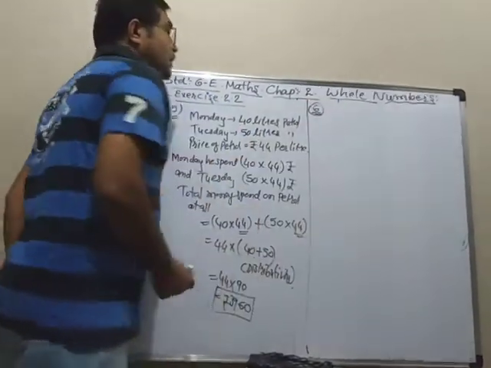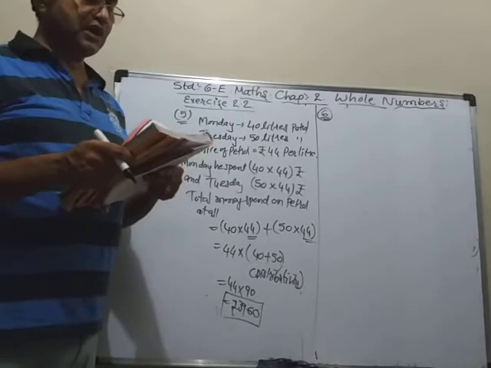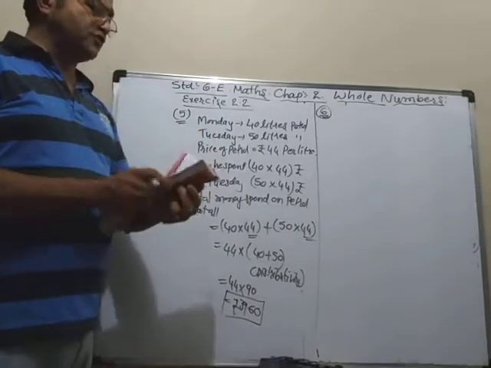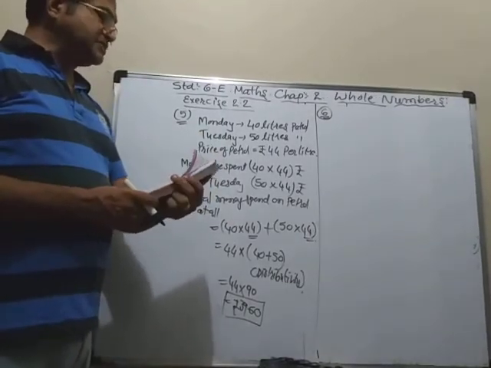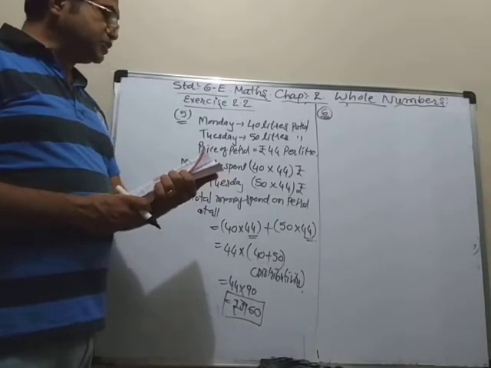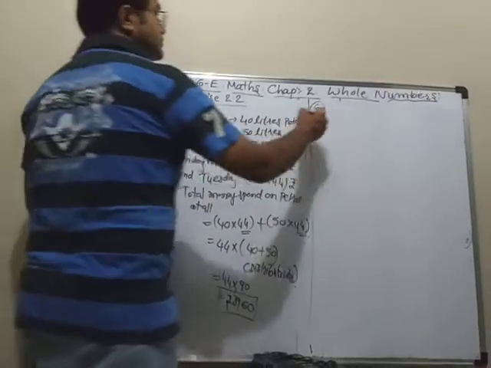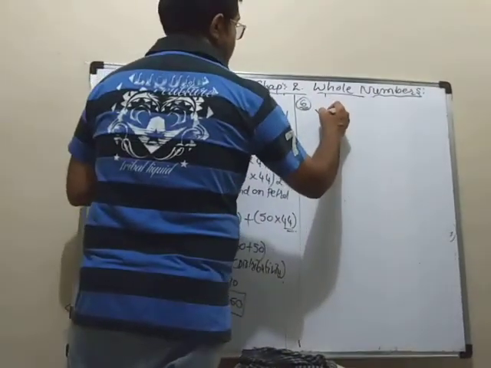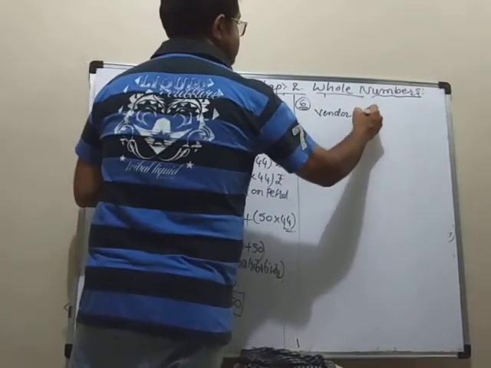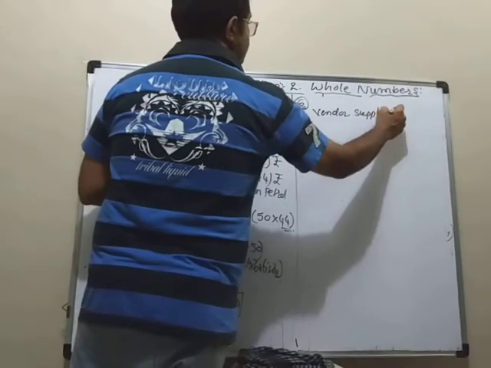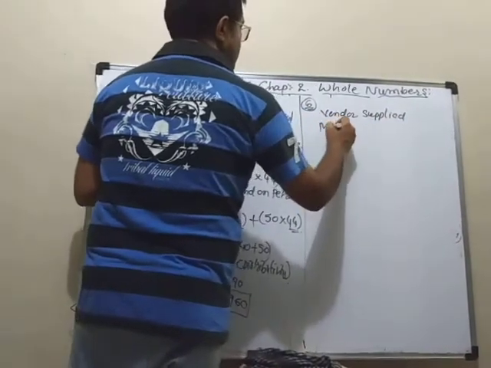Now we will do the 6th. It is also a word problem and nearly the same type. So we will see that a vendor supplies 32 liters of milk in the morning. Right? The vendor supplied in the morning.